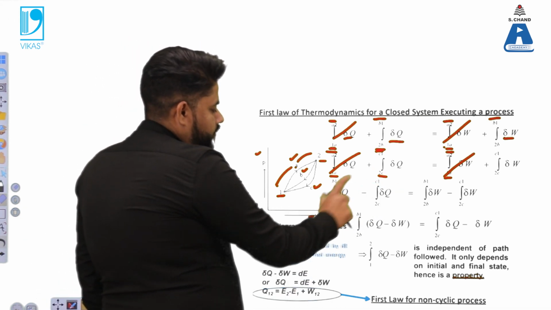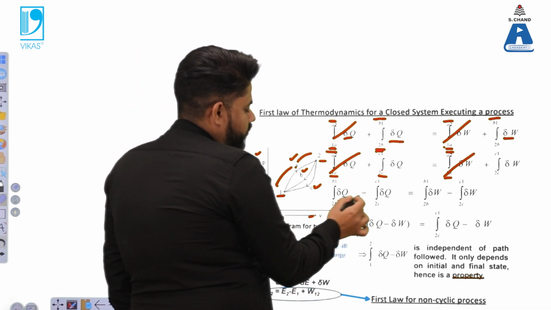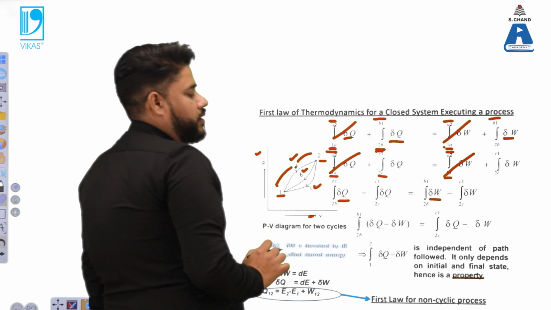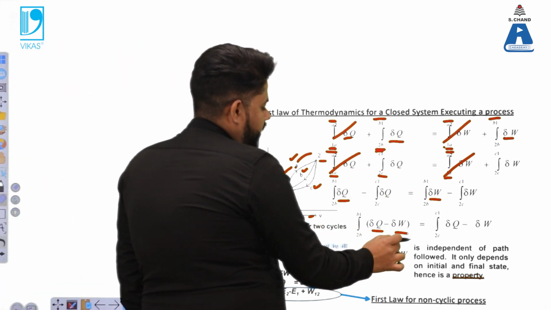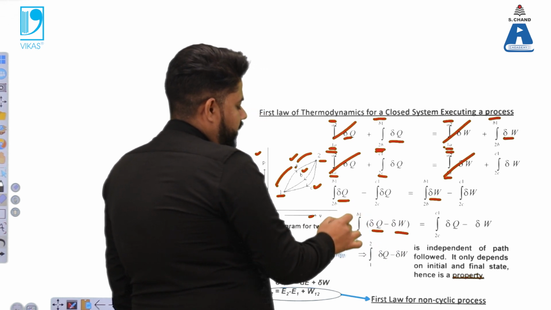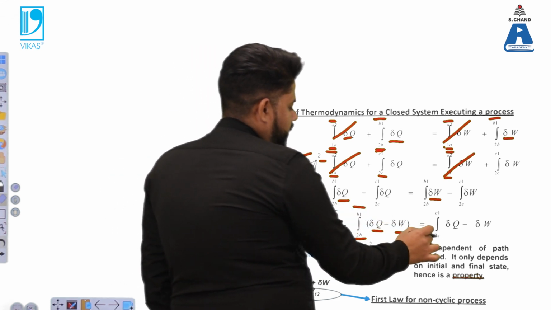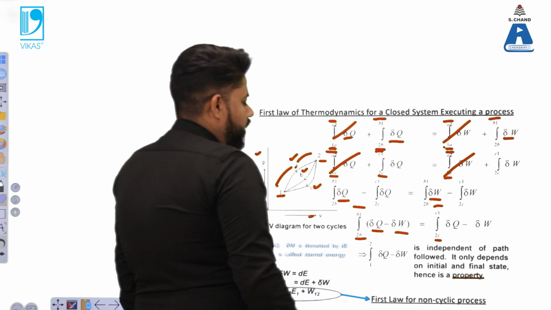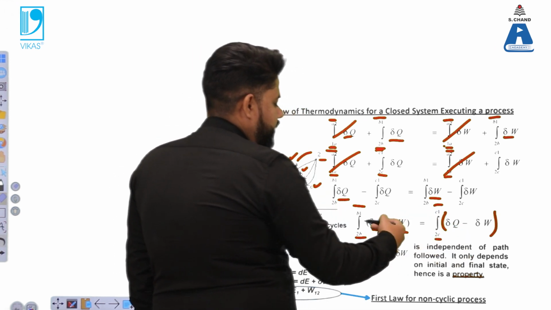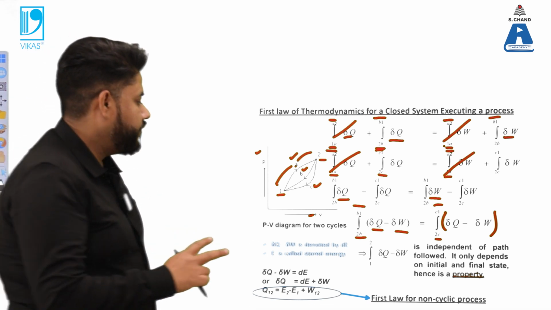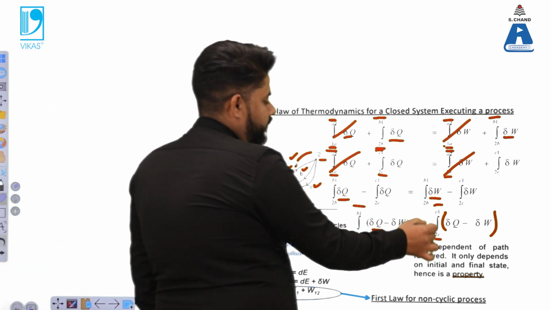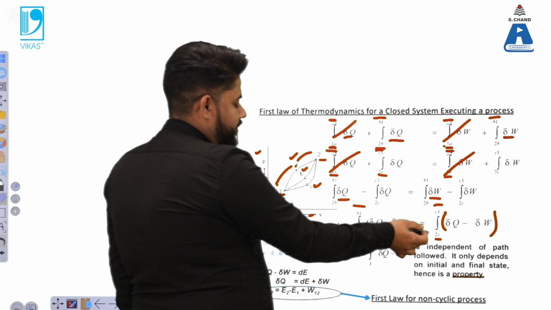So we can club both the limits together, delta Q and delta W, along with the same limits, like delta Q minus delta W in an integral, and that limit is 2b to b1. This is also 2c to c1. What does it indicate? As these two expressions are equivalent, it indicates that whether we follow path B or path C, the result is the same.